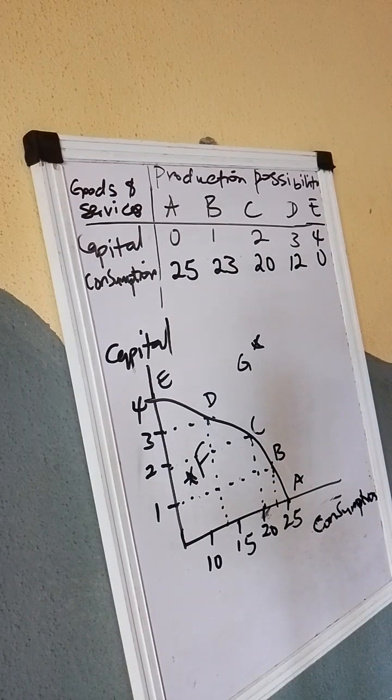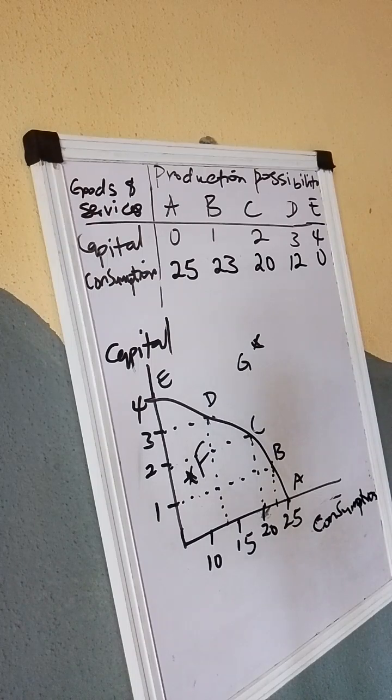When the actual output does not match the potential output of a country, it simply means resources are underutilized, or resources are unemployed, or resources are underemployed.